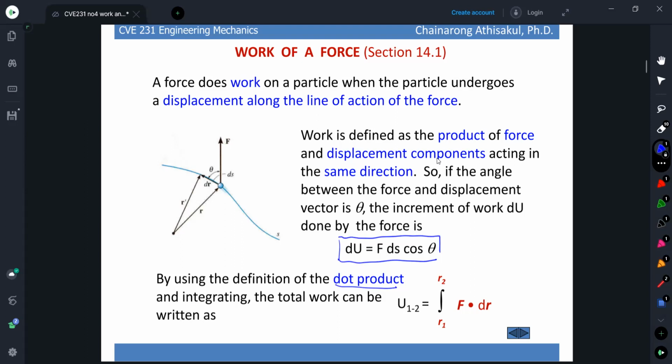Integrating, the total work done from the first position to the second position is equal to the integral of the force vector dotted with the small displacement vector, that is the position vector dr, from the first position to the second position.